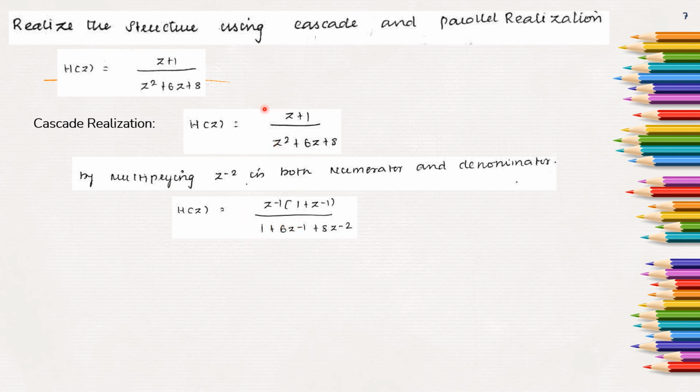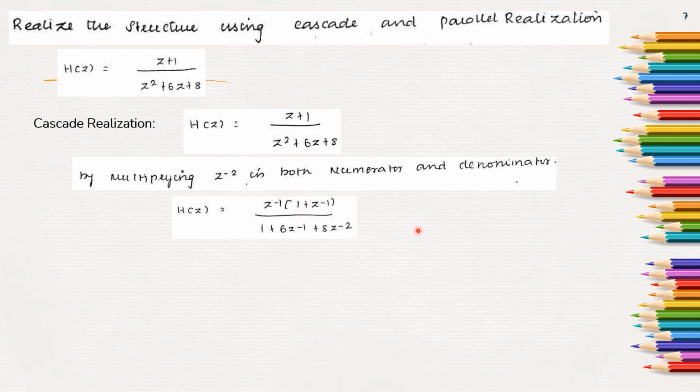In the numerator, when I take z common, I have z into (1 plus z inverse) times z power minus 2, so z and z power minus 1 get cancelled, and what remains is z power minus 1. Okay, now you get an equation of this sort.